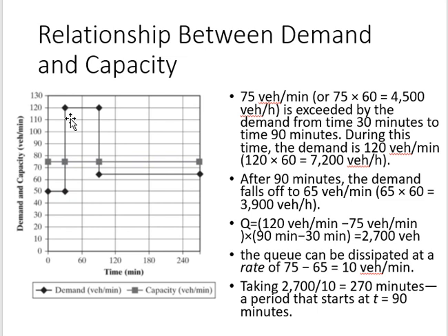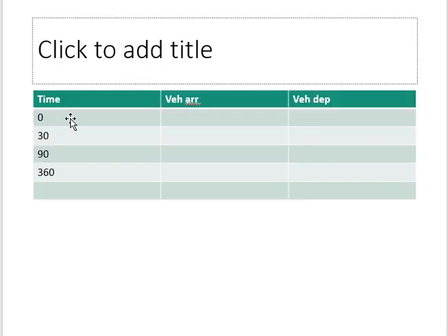Okay, 90, fine. Why is the next time 360? What will happen at time 360? It needed 270 minutes for the queue to move completely, and these 270 minutes start from 90. So 90 plus 270 is 360.